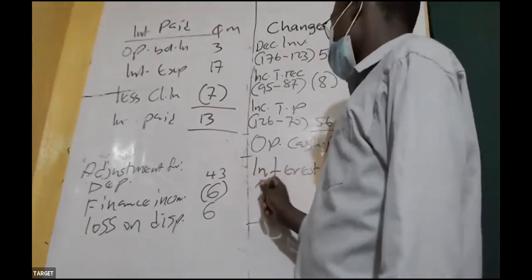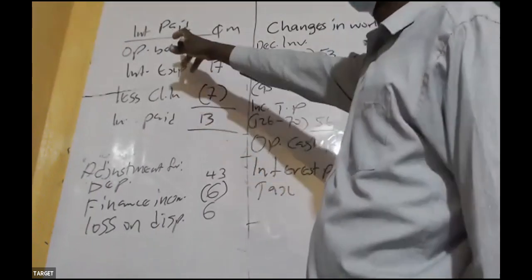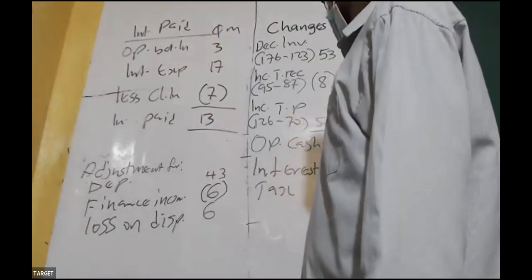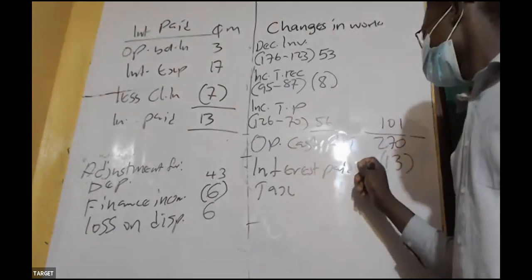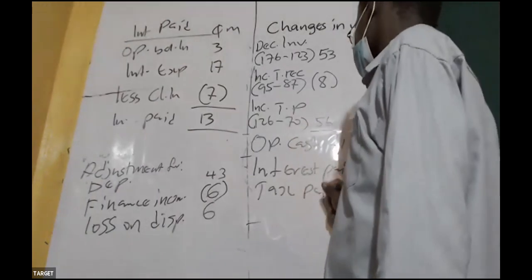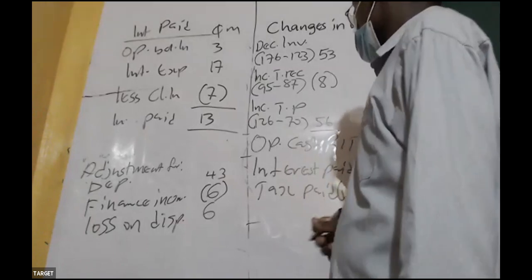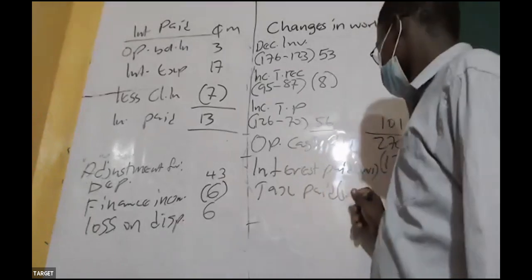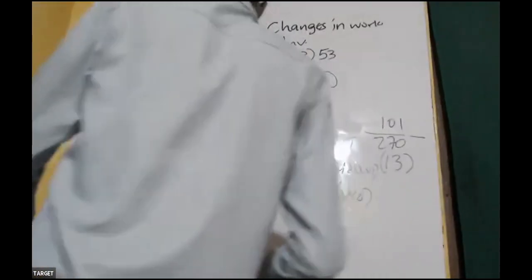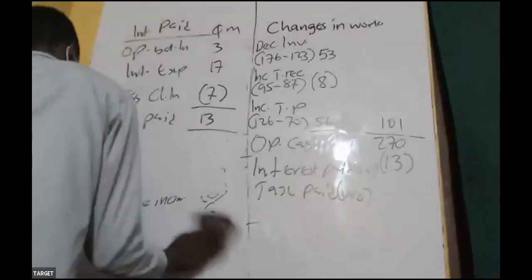Then let's go to tax paid. So this working is number 1, the first working on the list, W1. Tax paid, W2. For tax paid, follow the same procedure. Anything paid, don't worry yourself.